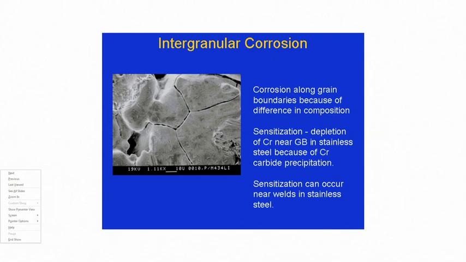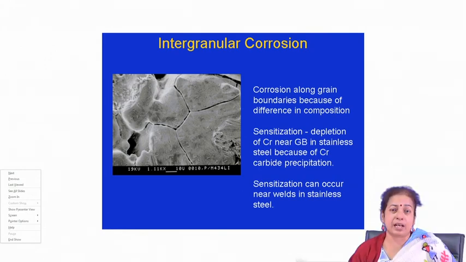So, this is the case of pure metal. But if we think of an alloy system, particularly where grain boundaries consist of a lot of different phases with completely different electrochemical behavior from the grains, then the kind of corrosion observed is called intergranular corrosion.